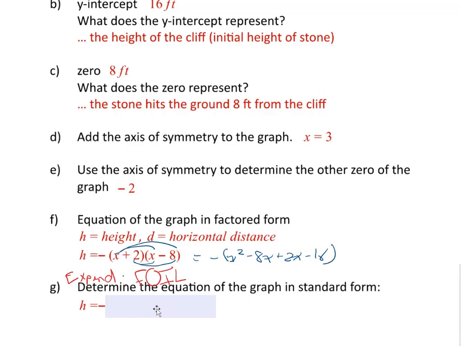Then we would collect like terms and then multiply in the a value. x squared minus 6x minus 16. All right, now we can multiply in the negative value. So you get -x squared plus 6x plus 16. Perfect.